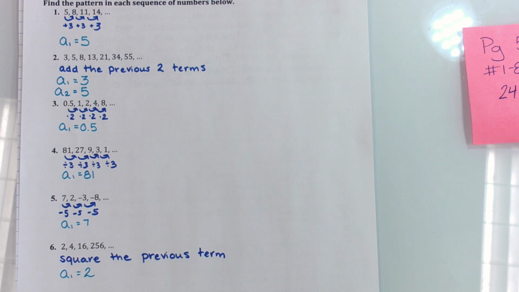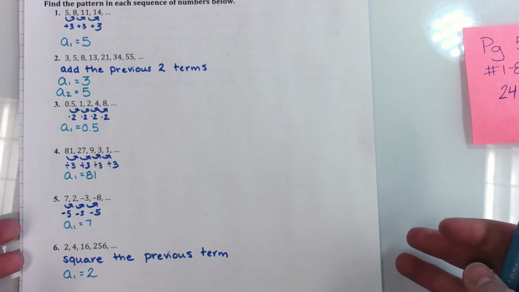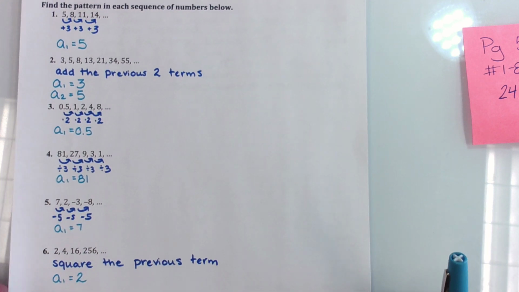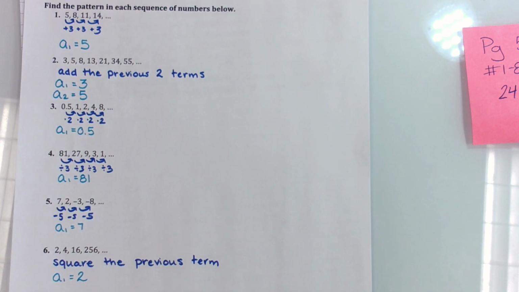Now, as we go through and do this, that recognition of patterns is not just going to be: tell me what the pattern does, tell me where it starts, and then I can write out the pattern.